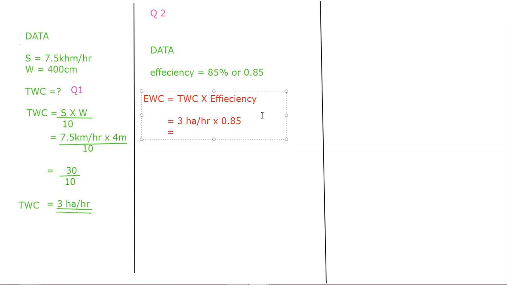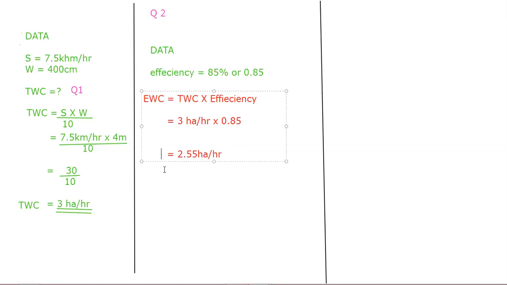So we have 2.55 hectares per hour, and this is our final answer for the effective work capacity.